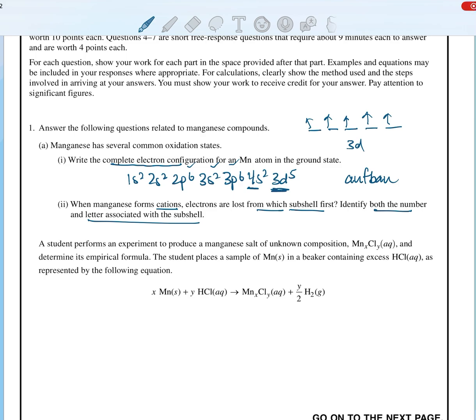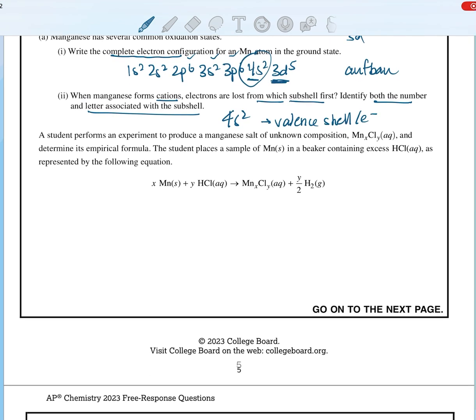It's not perfect. You can go up to 3d10. So it's this 4s2 that's the farthest away. That's my valence shell. That's actually going to be lost first. This represents my valence shell and valence electrons. Okay, it's the farthest away from the nucleus, so it has the least nuclear attraction. So those will be the first ones lost in manganese.